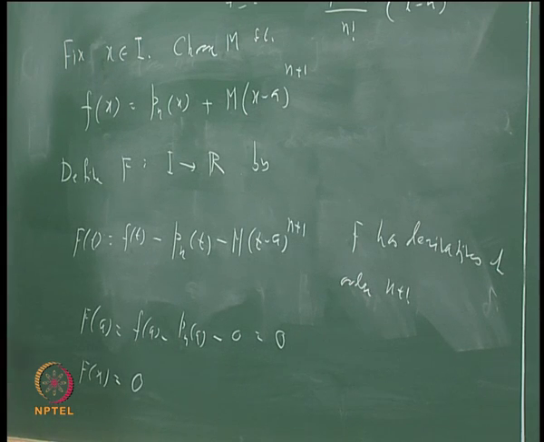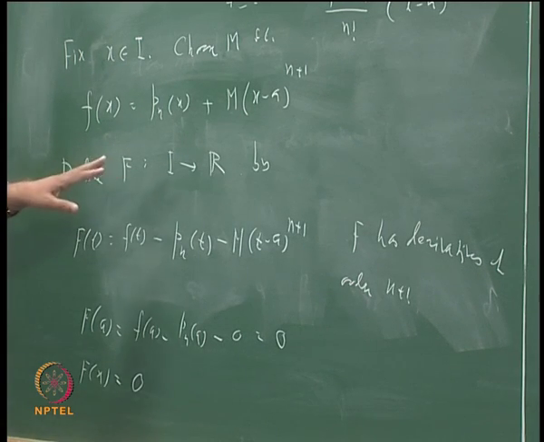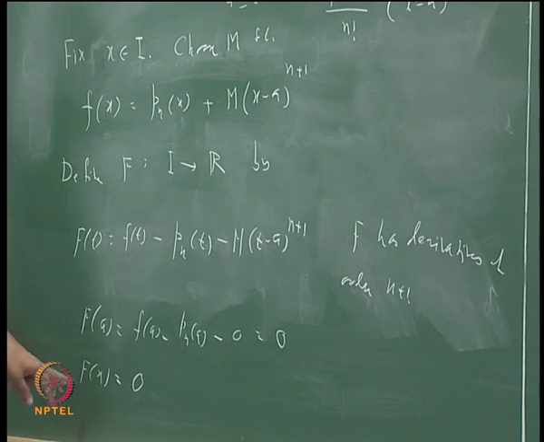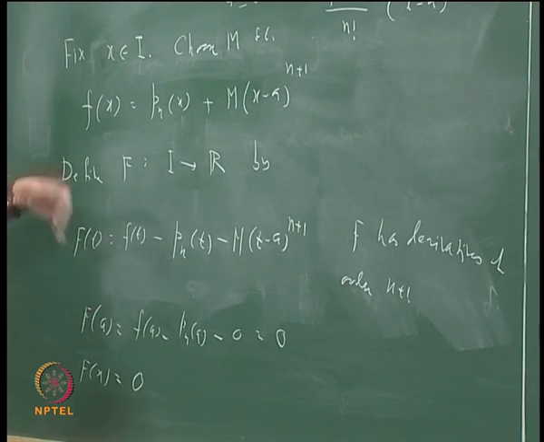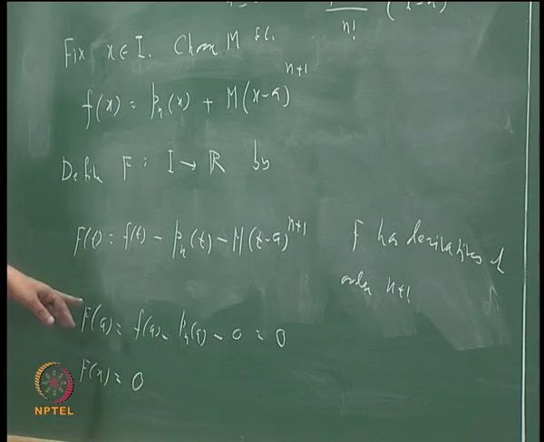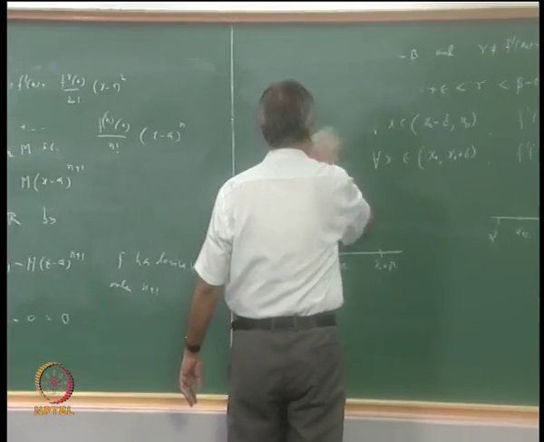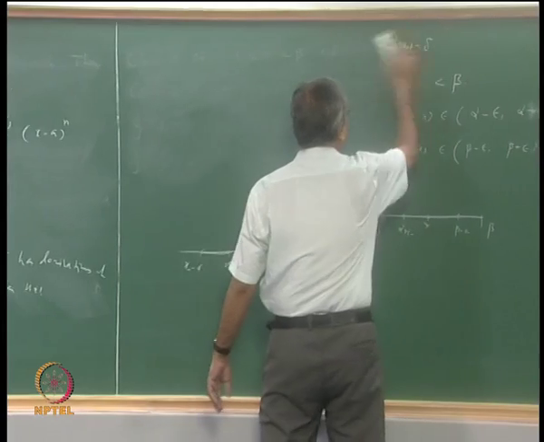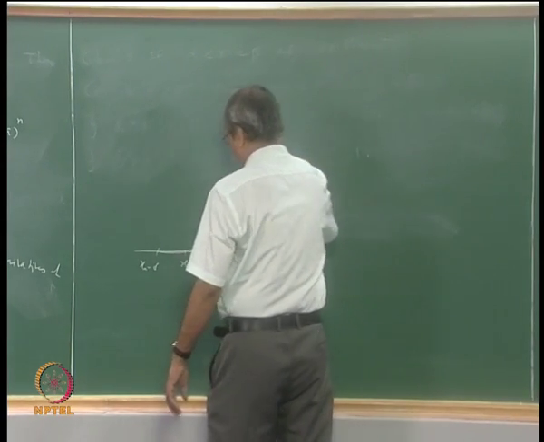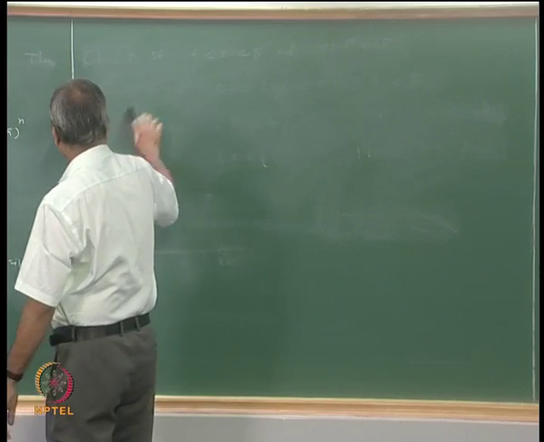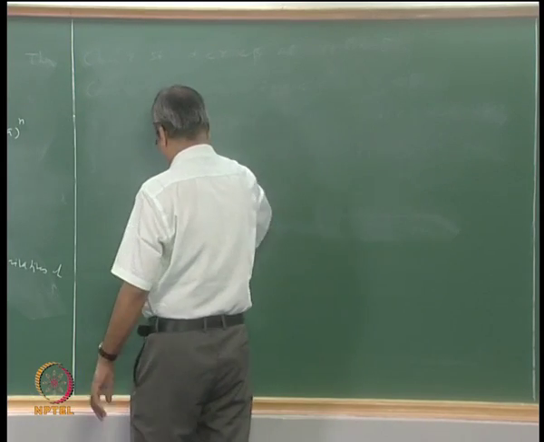Now what is the obvious thing to say after this? You have a function big F which has derivatives of sufficient order, and it is 0 at a and x. So what follows from Rolle's theorem? That there exists some point lying between a and x. Let us assume that x is bigger than a. Again this x may be either bigger than a or smaller than a, but it does not matter.